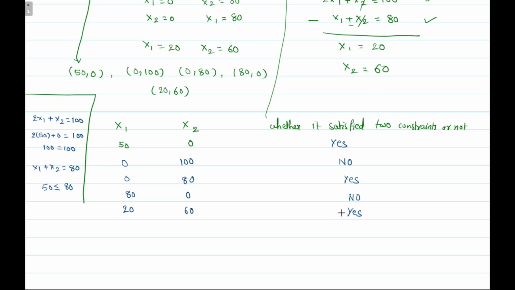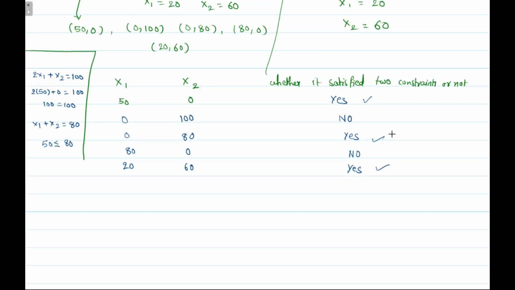Okay, now let us check which one of these three will give the most profit. First one, second one, and third one. And the region, if you plot it, how will it come?